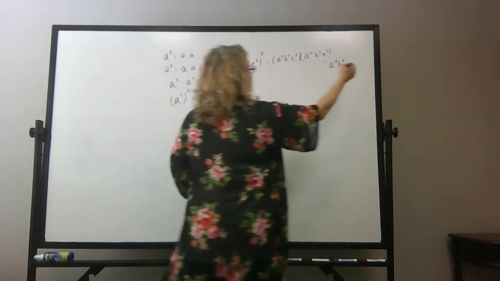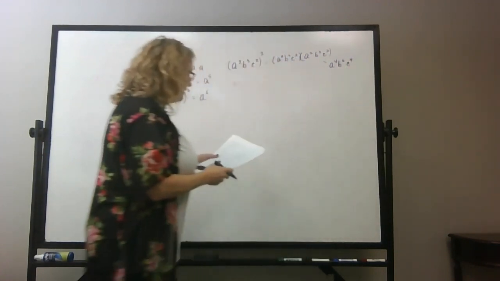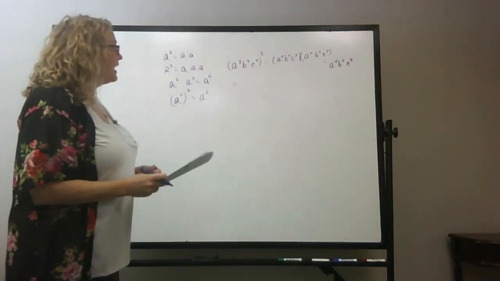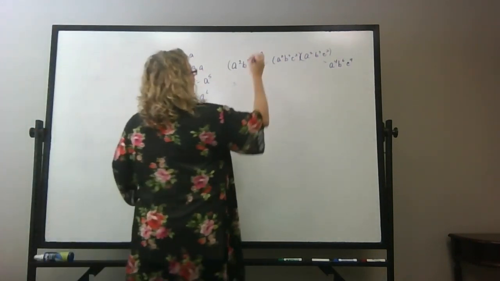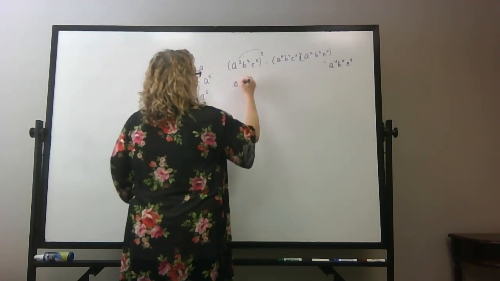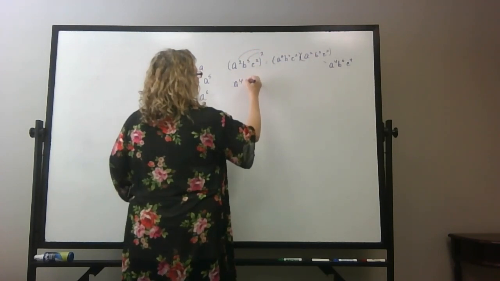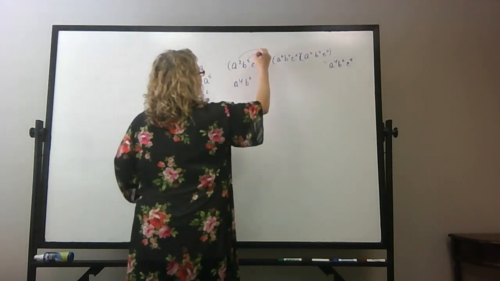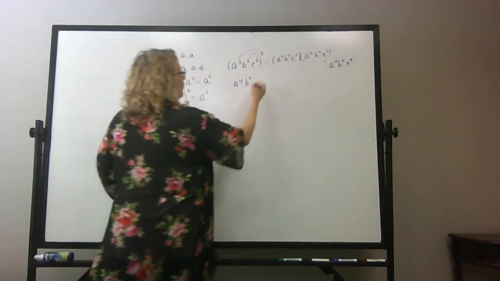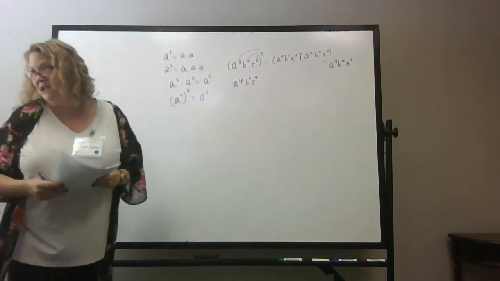And the c squared gives me c to the fourth. Yes? Okay. Conversely, I could take 2 times 2 is 4, and I get a to the fourth. 3 times 2 is 6, so I get b to the sixth. And 2 times 2 is 4, so I get c to the fourth.